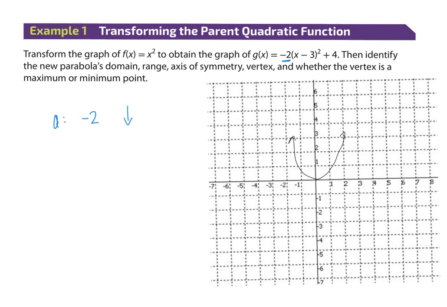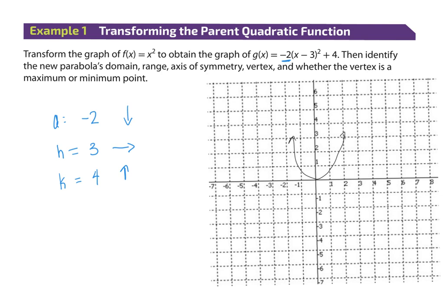We're going to have basically a widening of this graph. Then that h is 3. You see it's a minus, but because of the original, it is going to go right 3 units. And that k is a 4, so it's going to go up 4 units.